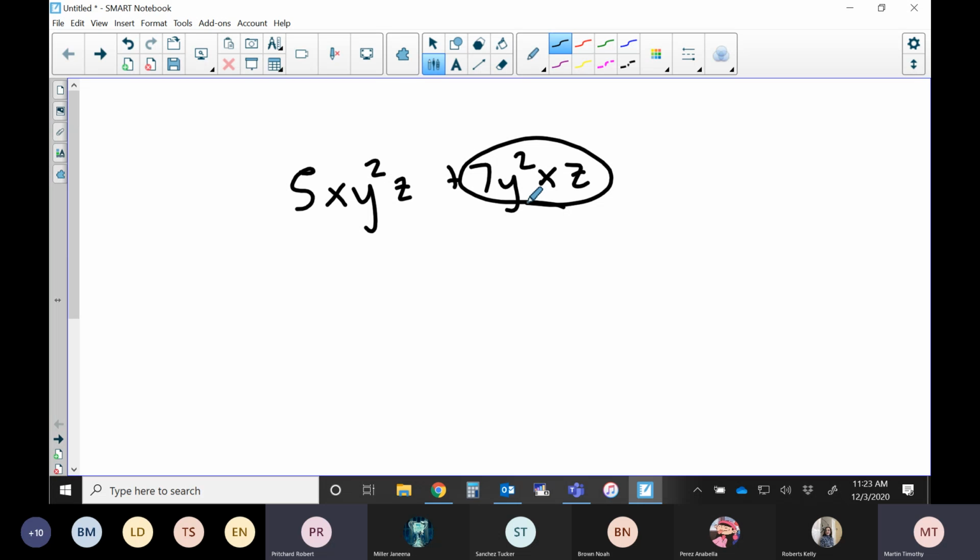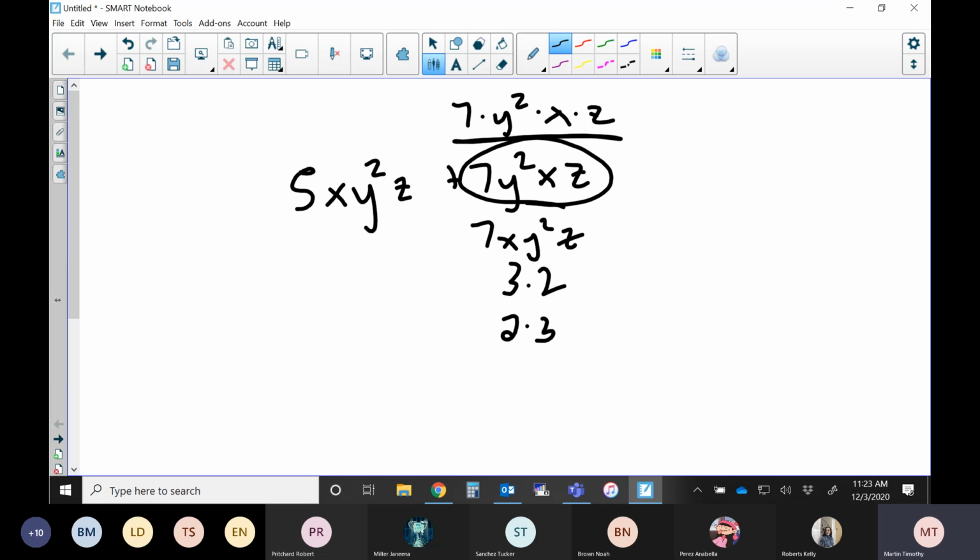So the commutative property says that because this is 7 times y squared times x times z, it's like when your teacher told you 3 times 2 is the same thing as 2 times 3, and you're like, yeah, so what, teach? Why does that matter? That's the skill you're activating right there that allows you to switch that order. So you could rewrite this as 7xy squared z, and since they match up, you can add those together.